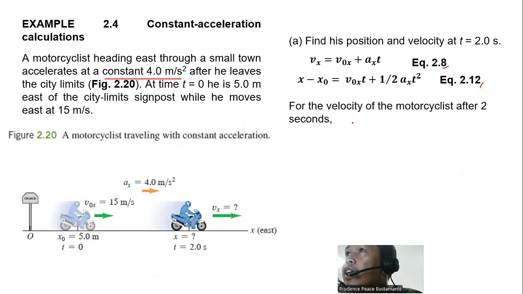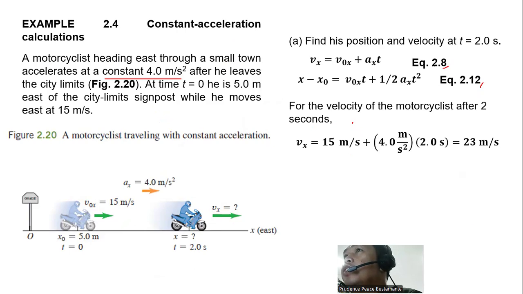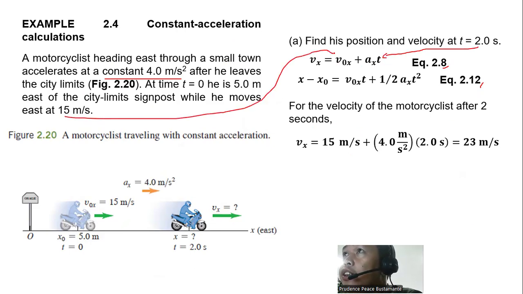Let's first find the velocity of the motorcyclist after 2 seconds. Just put this 2 here. The initial velocity is 15 meters per second, plus the acceleration, 4 meters per second squared, times the time, 2.0 seconds. With the calculator, you will have 23 meters per second.